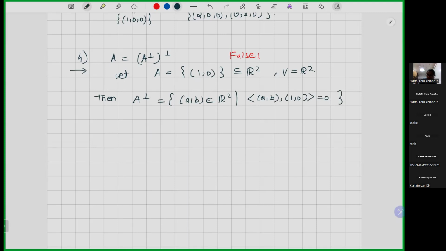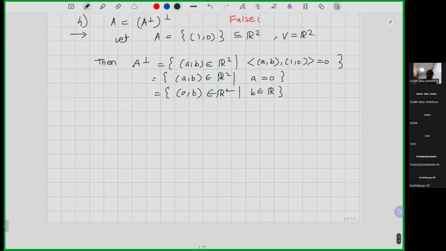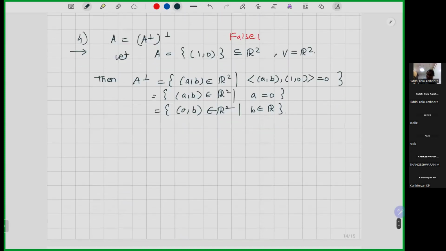It is just (a, b) in R2 such that a is 0. So it is just elements of the form (0, b) in R2 such that b is any element in R. Okay, so it is just this set.